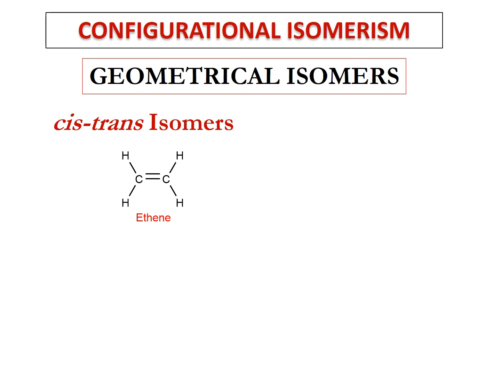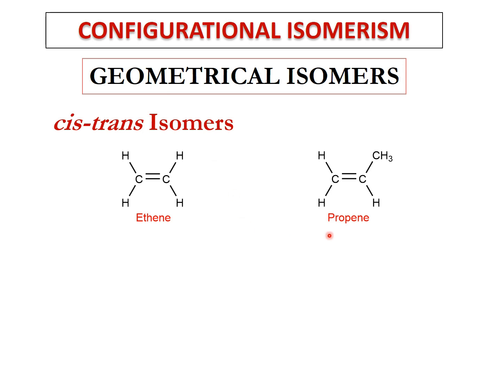So we have this molecule ethene, which has two carbon atoms joined together through a carbon-carbon double bond, and each of the carbon atoms has two hydrogens attached to it. Now, this molecule cannot have another isomer, so we cannot have cis or trans isomers for this molecule.